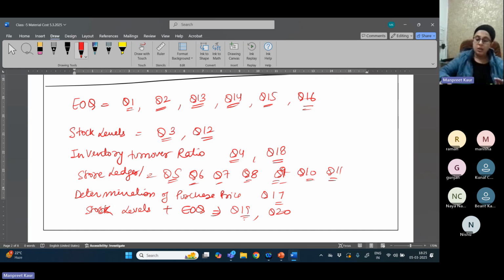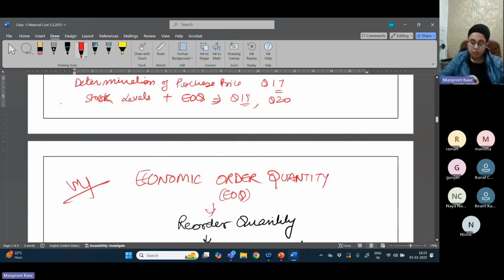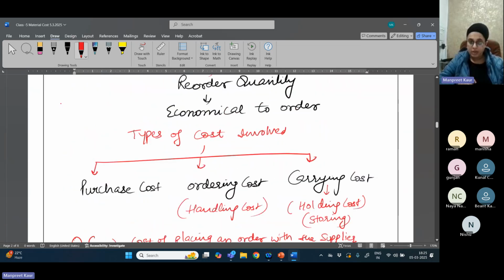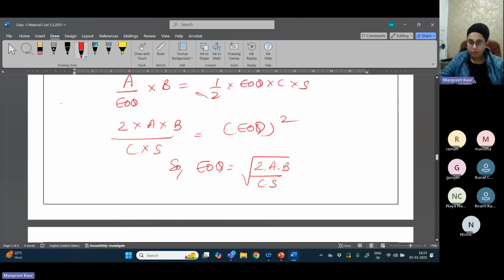This is the whole chapter's questions, which I have bifurcated. Today we will do the practical questions of EOQ. Questions 1, 2, 13, 14, 15 and 16 are in your module, and whatever remains will be your homework.